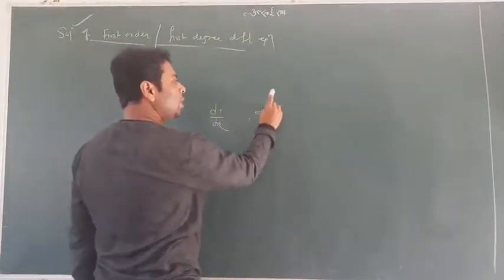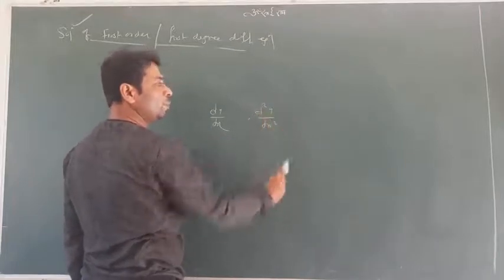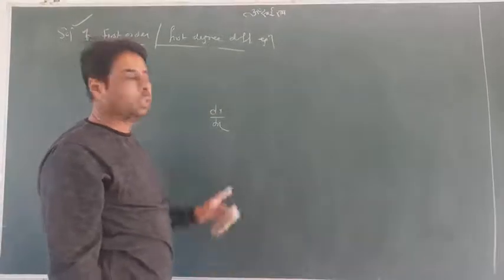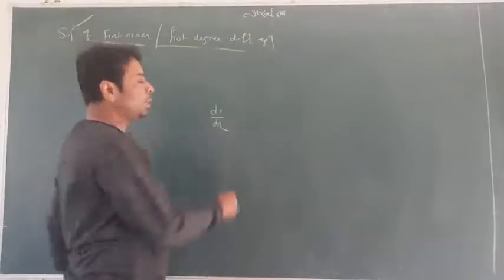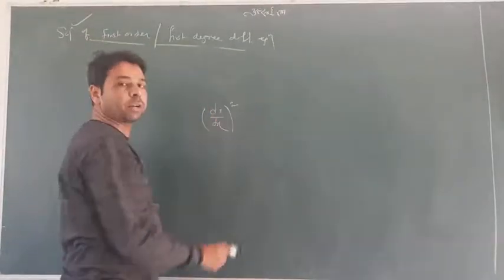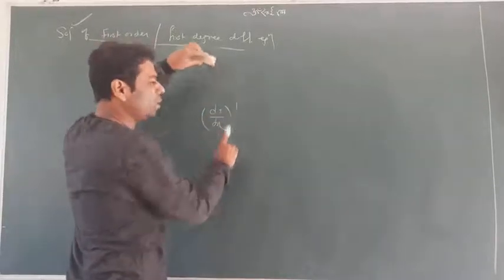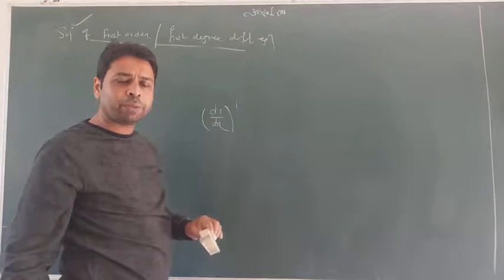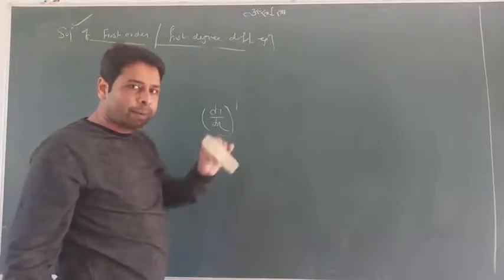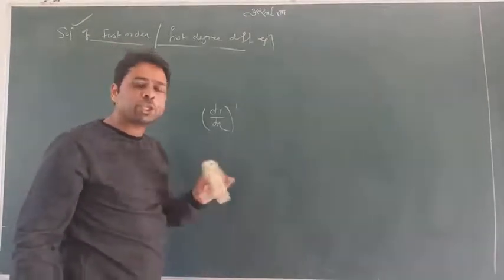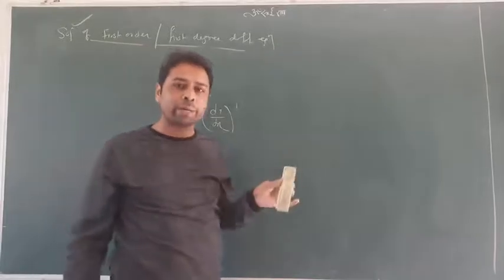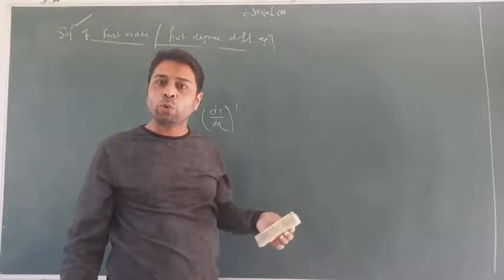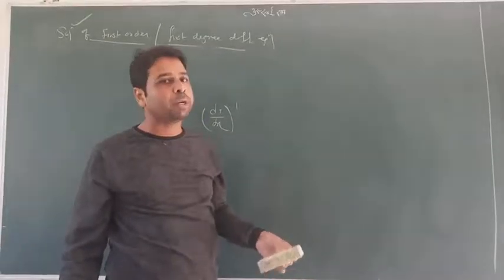If it had order 2 but it is written first order, this will not come, only this will come. First degree meaning it does not have any special power, it has a power of 1 only. So I would say that a very simple kind of differential equation will be given. Only dy by dx is included there, no d square y by dx square, no d cube y by dx cube. Even dy by dx, the whole power will be only 1, no 2, no 3, because it is first degree.